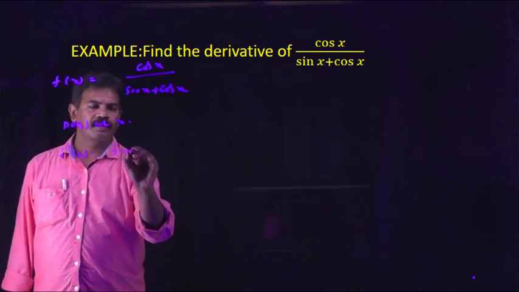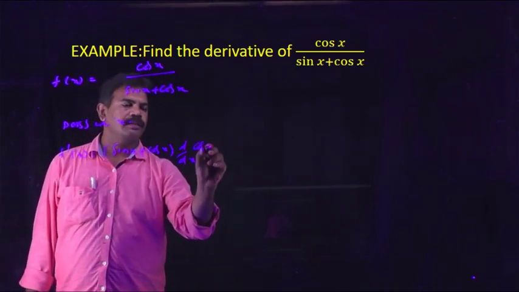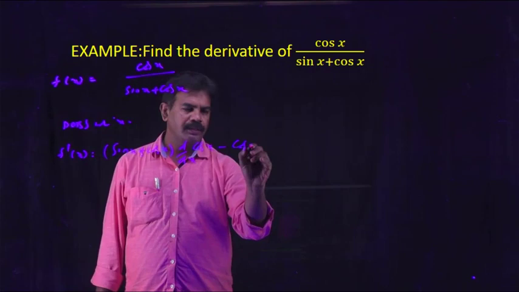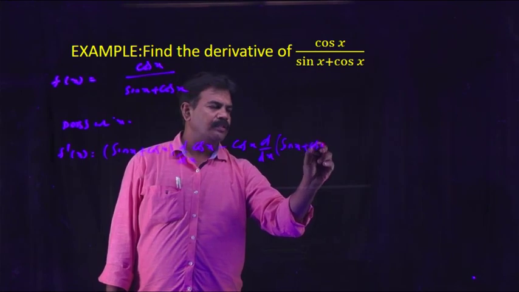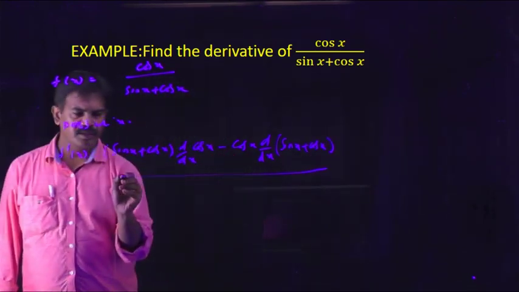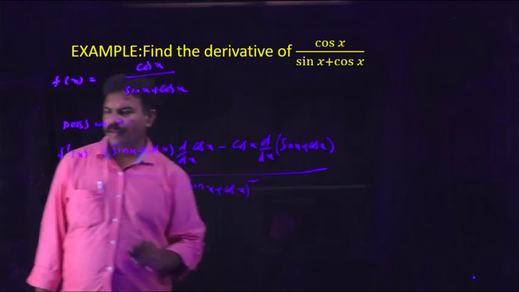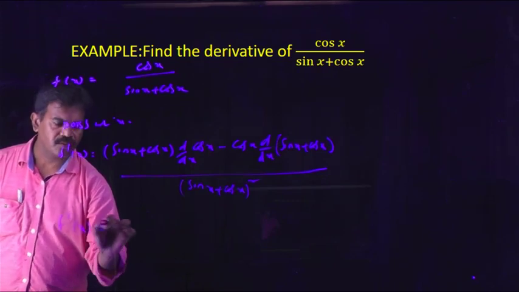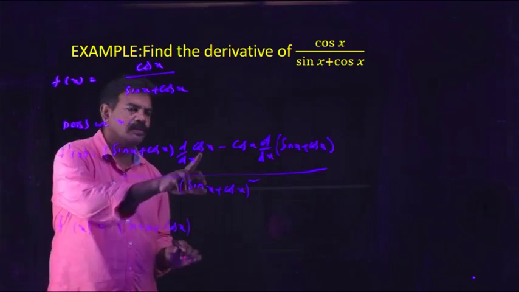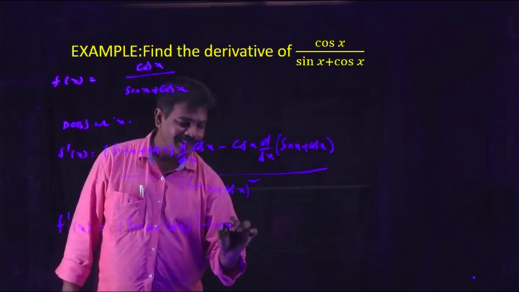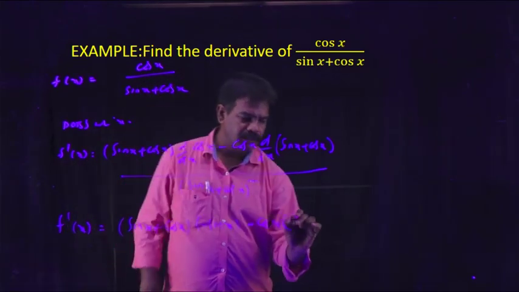v into the derivative of (sin x + cos x)... that is, f'(x) = (sin x + cos x)·(derivative of cos x) − cos x·(derivative of sin x + cos x), over v², which means (sin x + cos x)². That is, f'(x) = [(sin x + cos x)·(−sin x) − cos x·(cos x − sin x)] / (sin x + cos x)², using the derivative of cos x is −sin x, and the derivative of sin x is cos x.